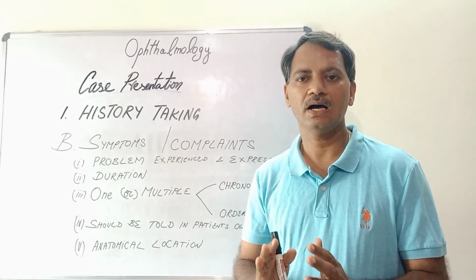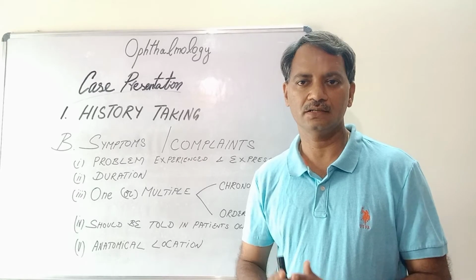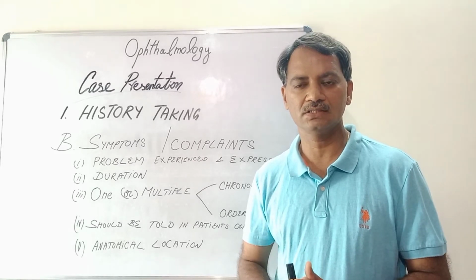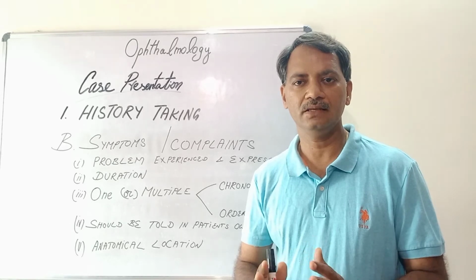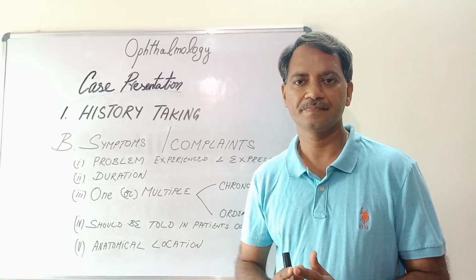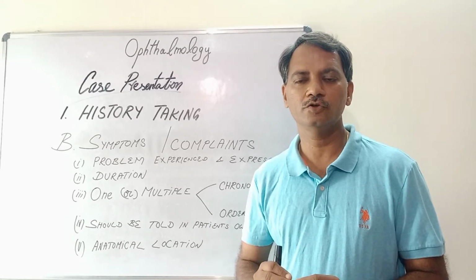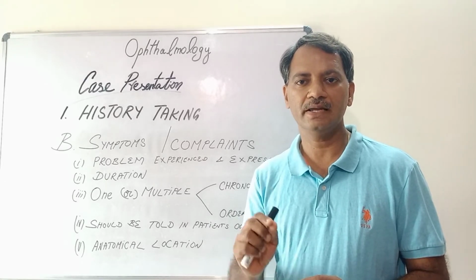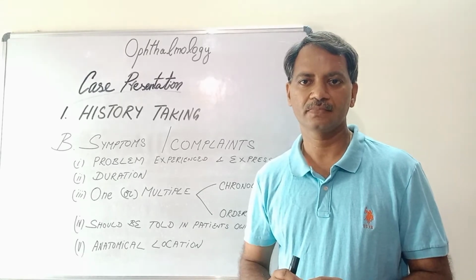We have to ask the anatomical location and record it. As far as ophthalmology is concerned, the patient is going to have a problem in the eye or eyes. When the patient says he has a problem in one eye, we should put it as right eye or left eye as what the patient says.